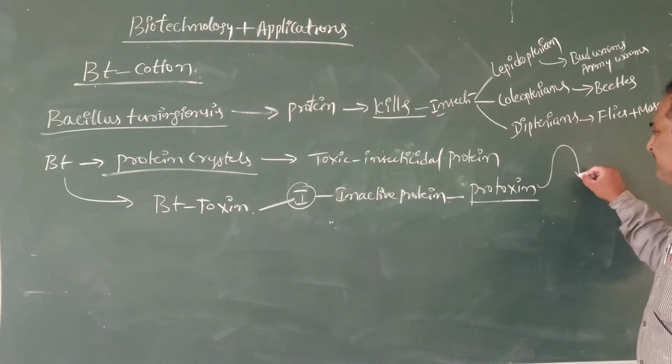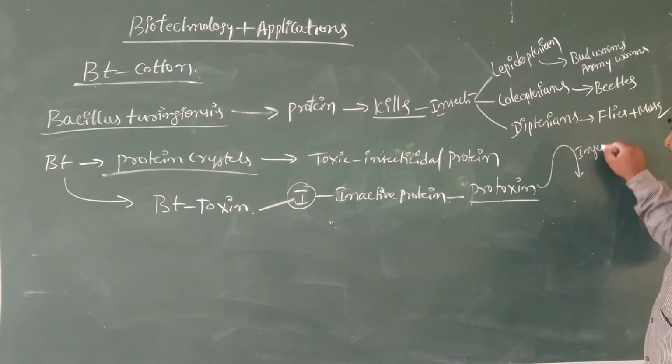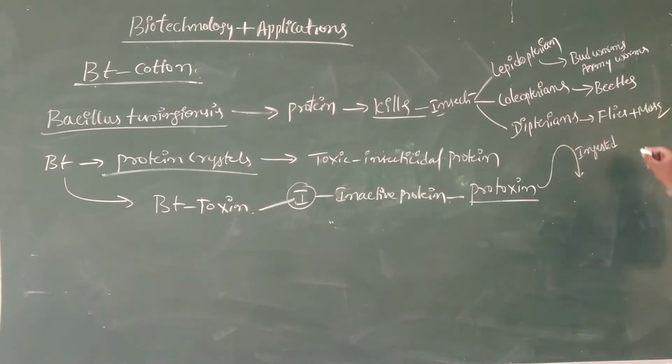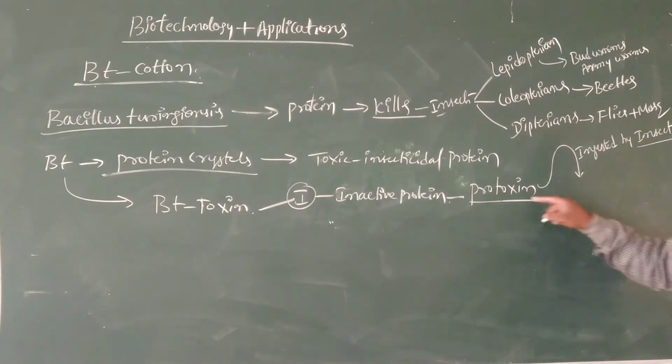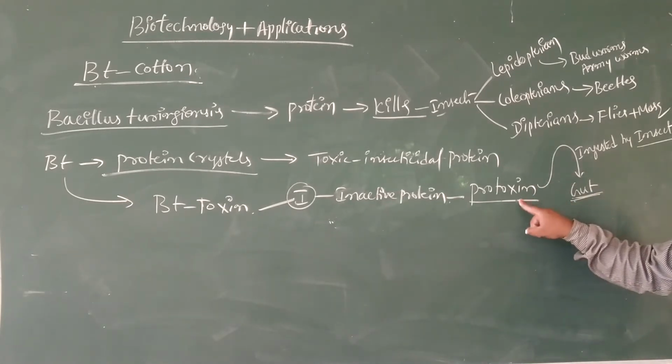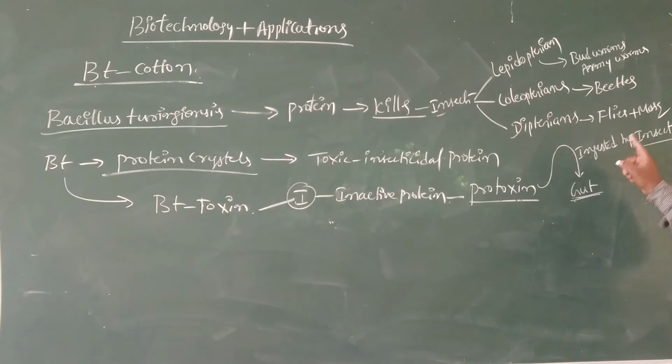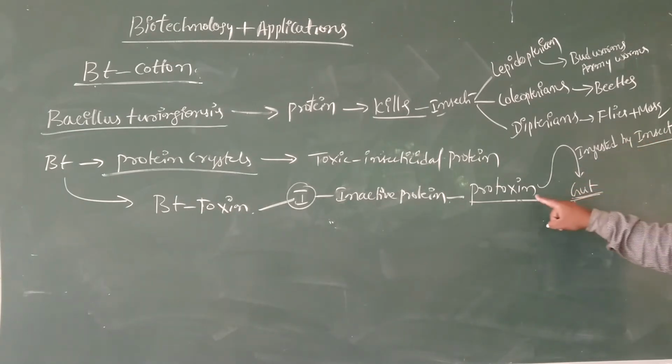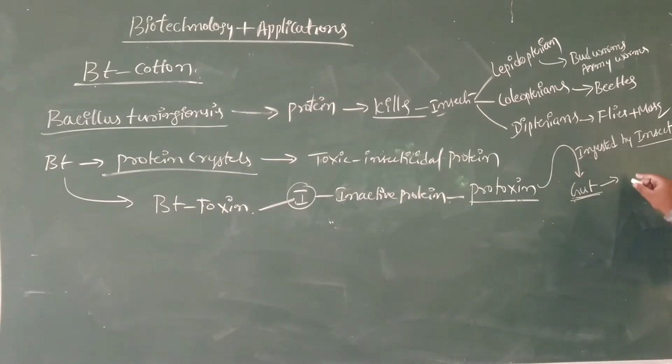That protoxin is ingested by insects. The protoxin enters the gut region of the insect, where there is an alkaline pH.